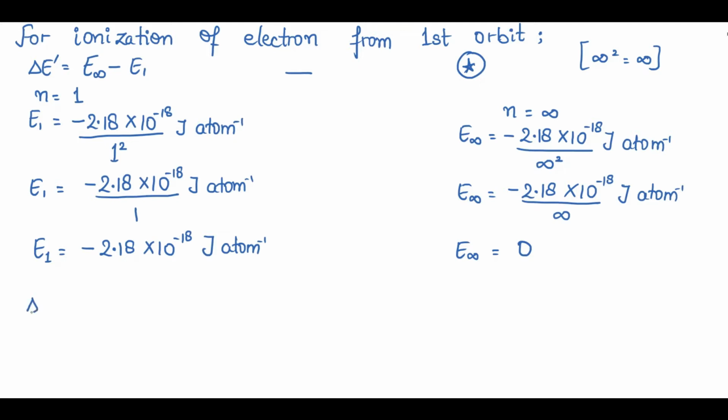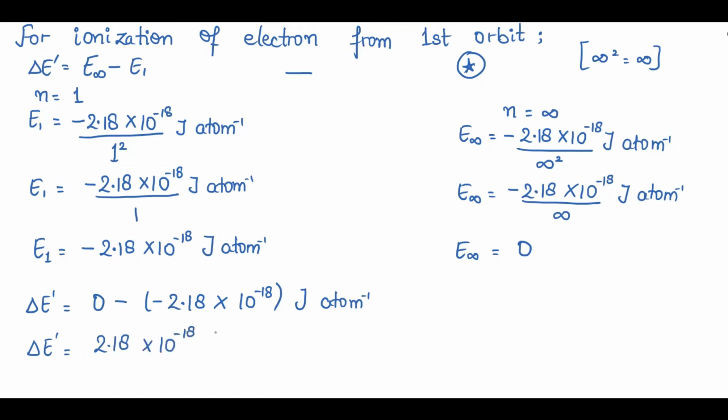So delta E dash equal to E infinity, that is 0, minus definitely E1, that is minus 2.18 into 10 raised to power minus 18 joule atom inverse, right? So minus into minus, it will be plus. So delta E dash equal to 2.18 into 10 raised to power minus 18 joule atom inverse.